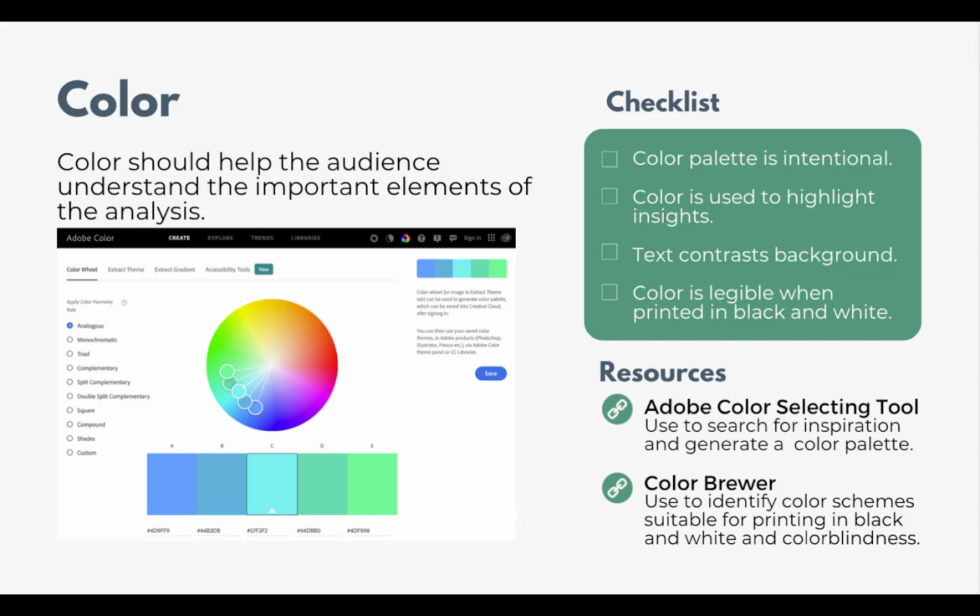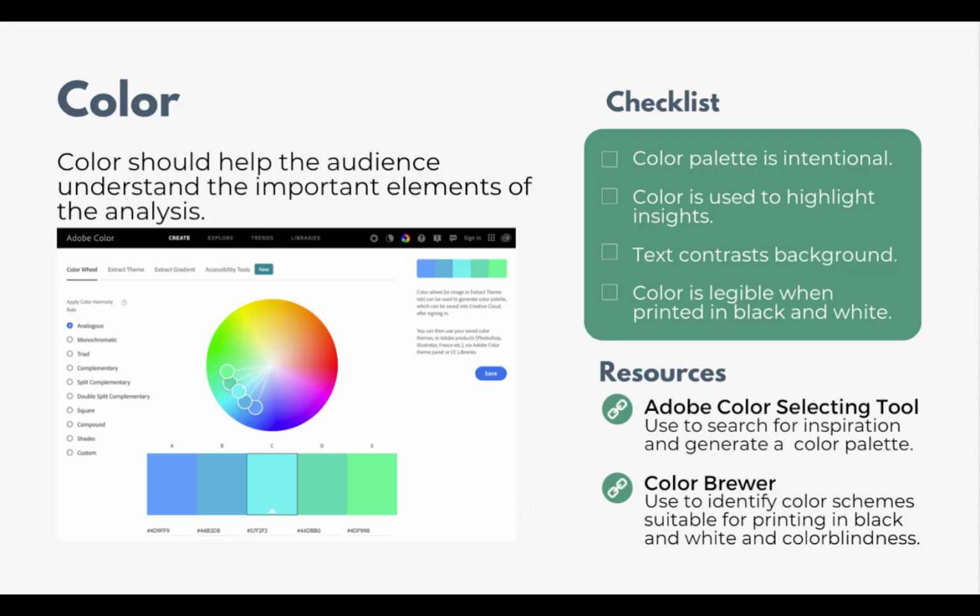We want to be intentional about those. We want to use color to highlight our insights. We're going to see a really great example of that on the next slide. We want to make sure our text contrasts with the background, just basic legibility. And we want to know that if someone's going to print out your dashboard in black and white, the color is still legible.